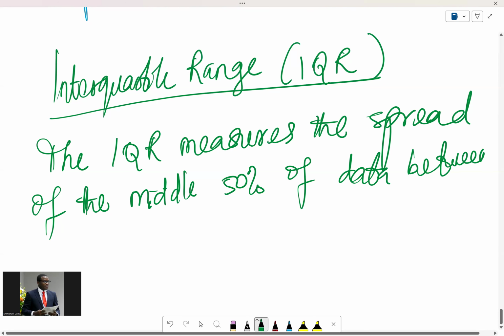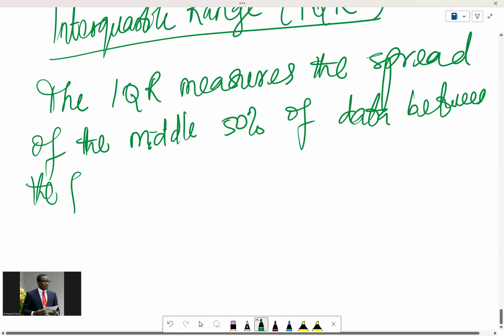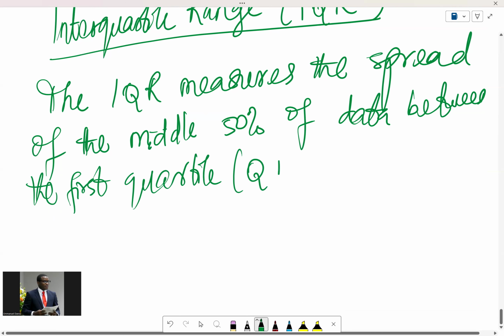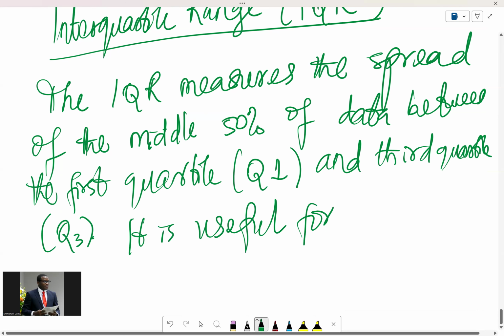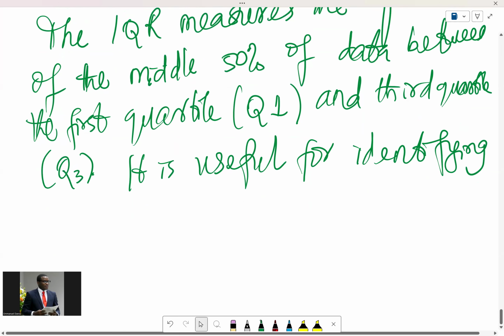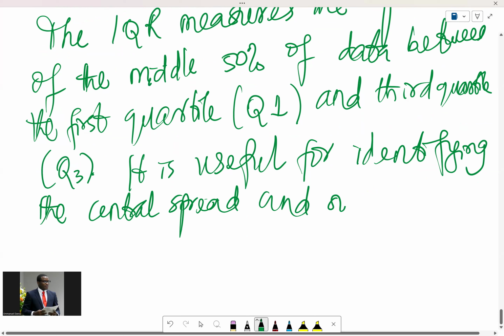between the first quartile, Q1, which we talked about in the previous video, and the third quartile, Q3. It is useful for identifying the central spread and outliers.